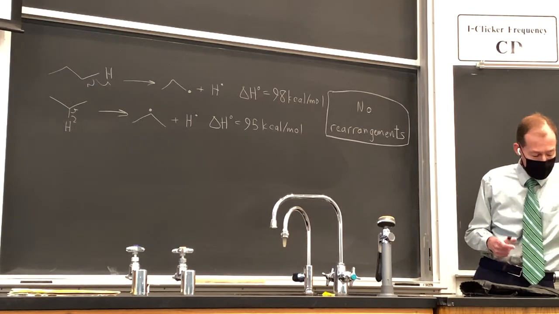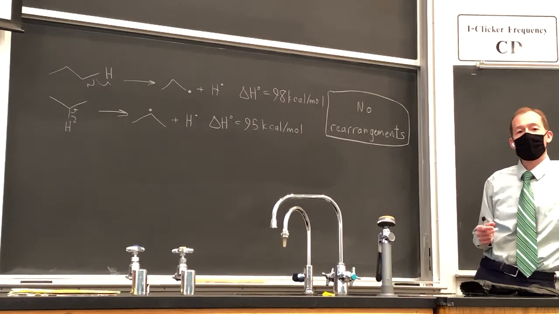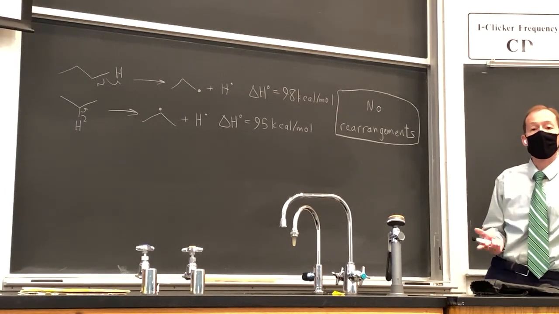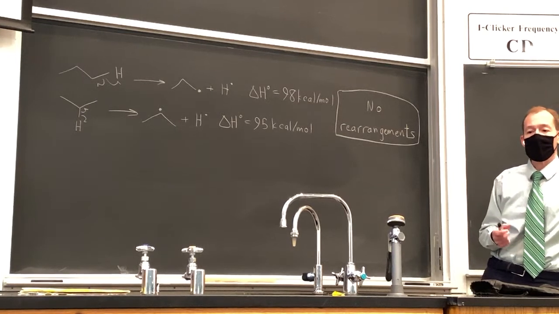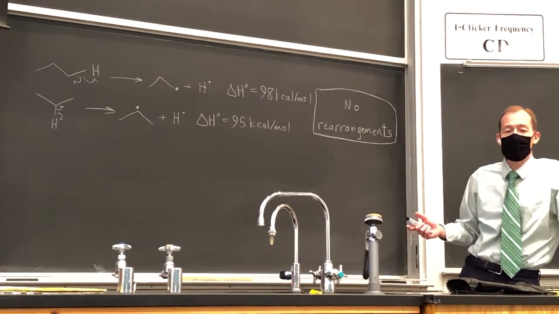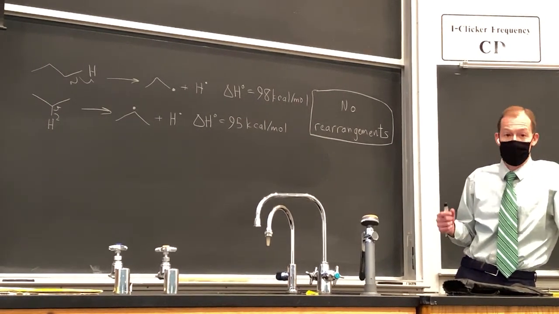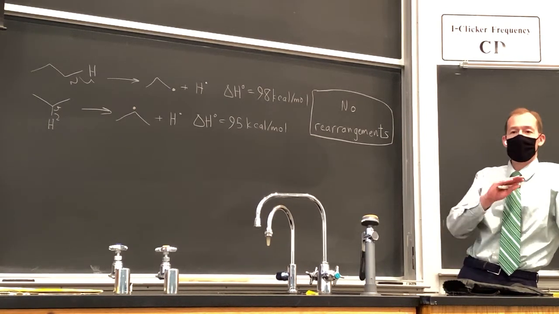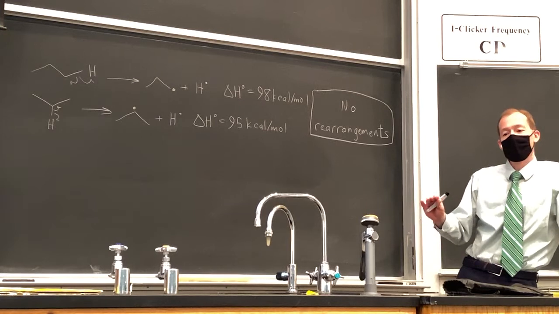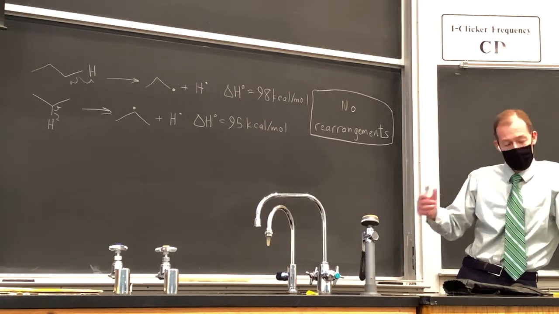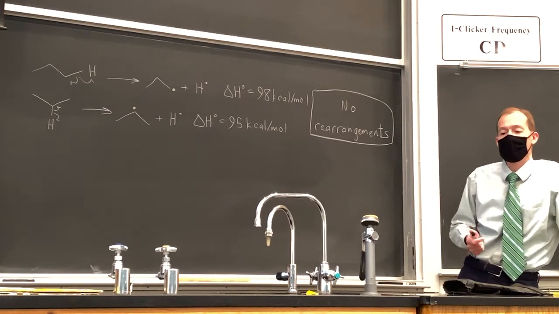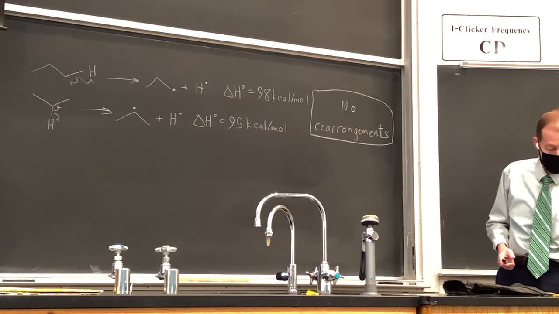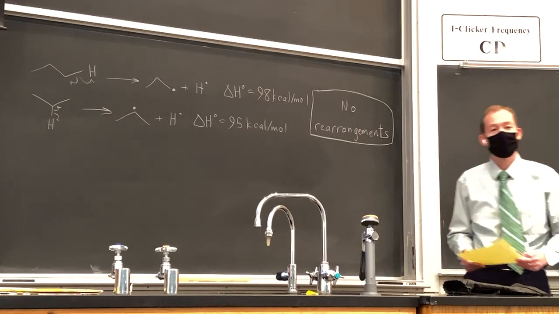Now, if you go on to study organic chemistry at a higher level than this class, you might find that there actually are some rearrangements of radicals, but they're not the same as the carbocation type rearrangements, and they're not as common. So for purposes of this class, we will not be encountering any radical rearrangements, so it's not something you'll have to worry about. And I'm sure you're not too disappointed about that.